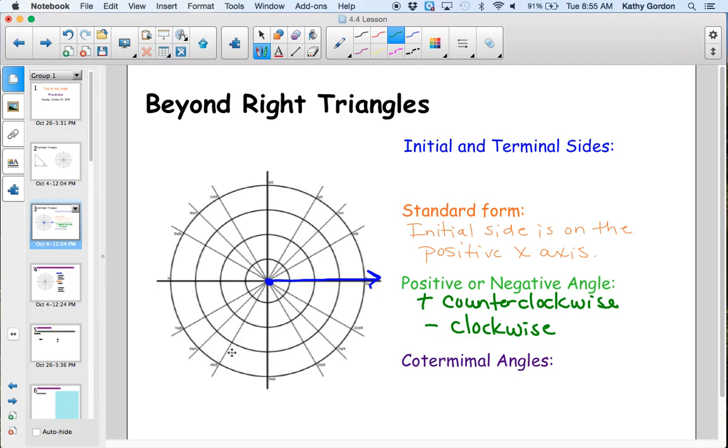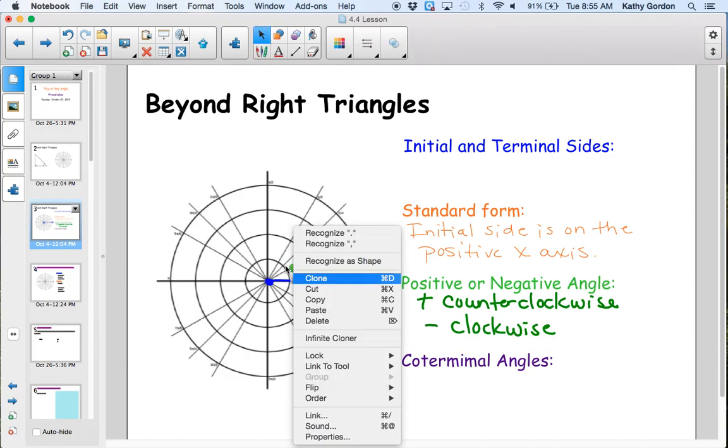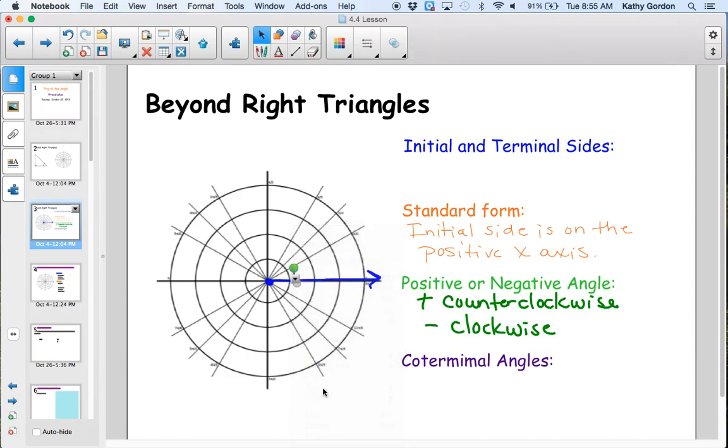Okay, so if from here I decide to start rotating my side in this direction, not that direction, that's not what I wanted, in this direction until I decide to end somewhere, where I end is my terminal side. And this is the angle that I've created. Okay, look familiar? Okay.